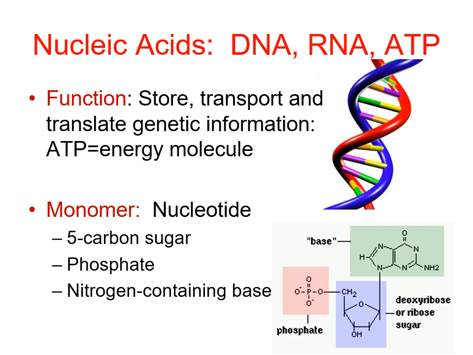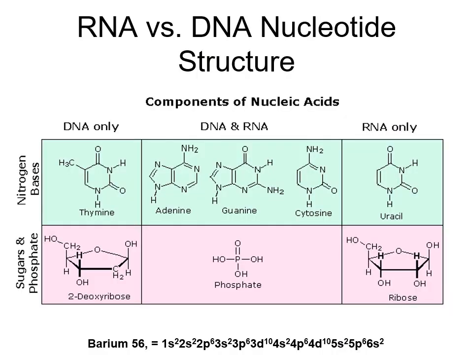Then it contains a base, which is a nitrogen-containing ring. So the main difference in DNA and RNA is that DNA is deoxyribonucleic acid, whereas RNA is ribonucleic acid.